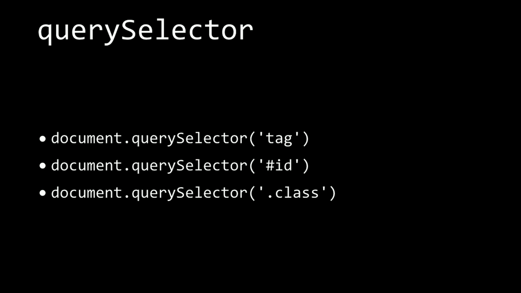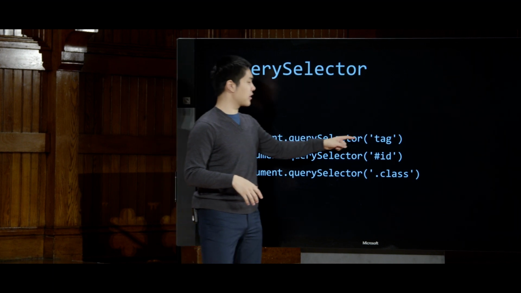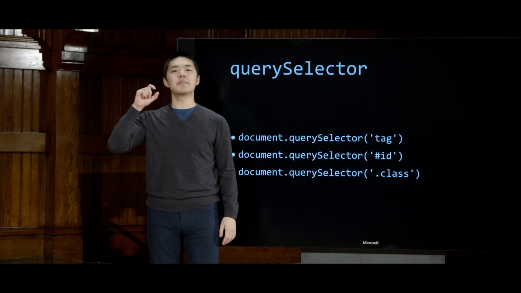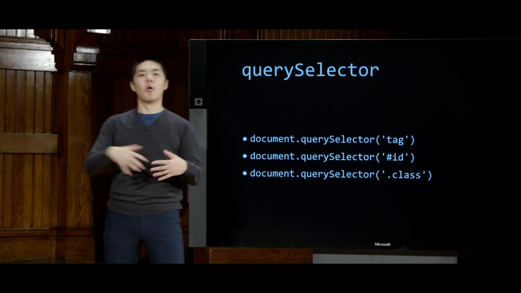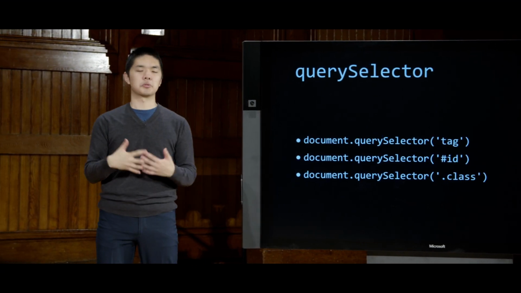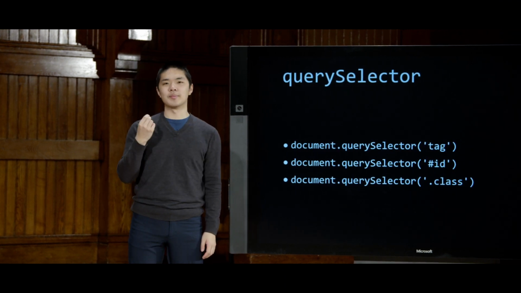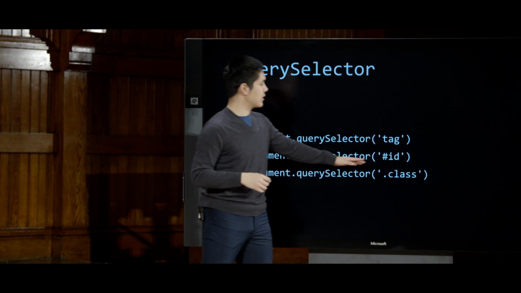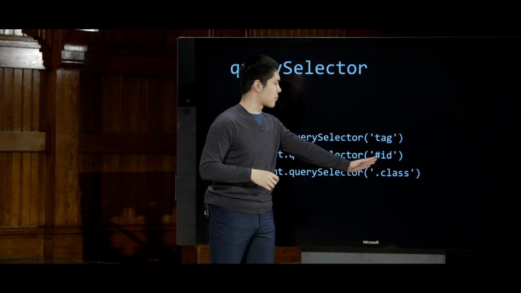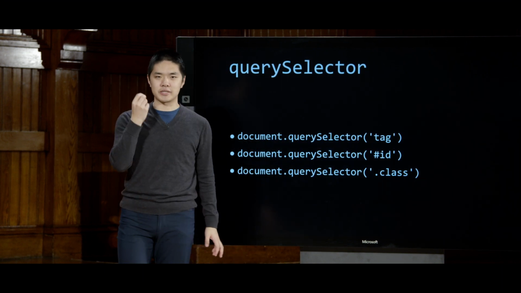And document.querySelector works the same way, in that I can say document.querySelector and pass in a tag to say, get me the h1 element, or get me the button, or get me the form. But if there are multiple h1 elements or multiple buttons or multiple forms, I can be more specific than that if, for example, an element has an ID. In which case I can say document.querySelector, and then in quotation marks, the hash mark, and then the name of the ID, to say, get me the element with that particular ID.